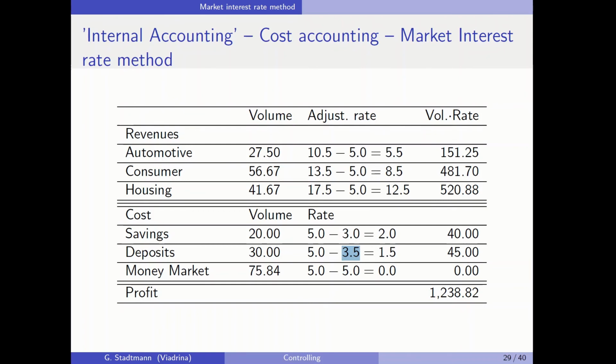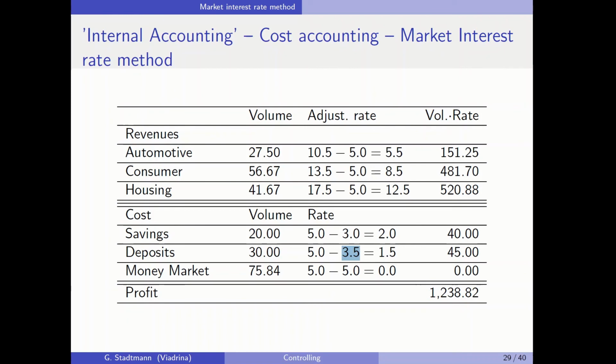So the market interest rate method, I think, is very interesting because the money market is regarded to be a kind of clearing house, a clearing system where we clear all liabilities. We are evaluating the profitability of all liabilities against the money market, and we are also evaluating the profitability of all assets against the money market.